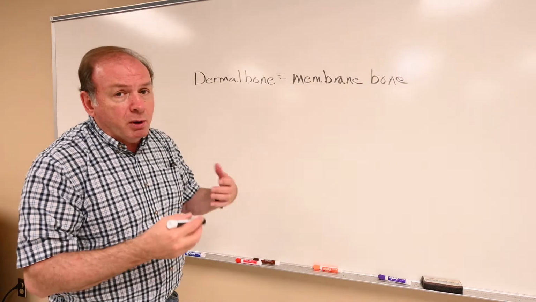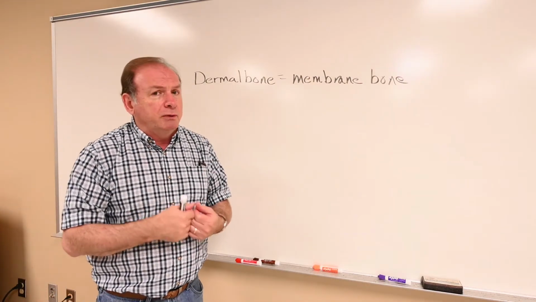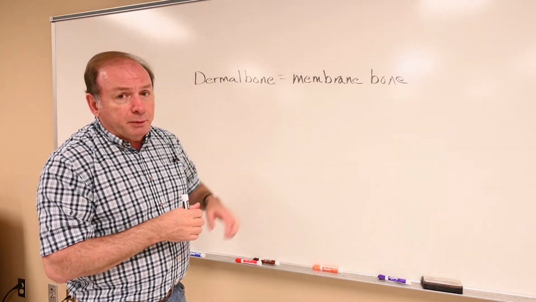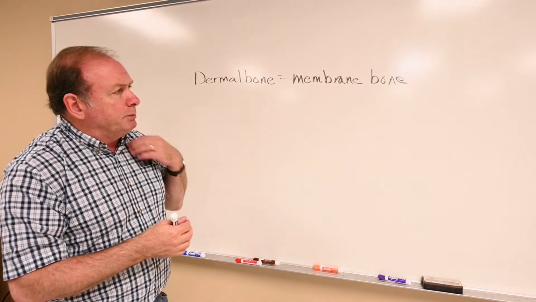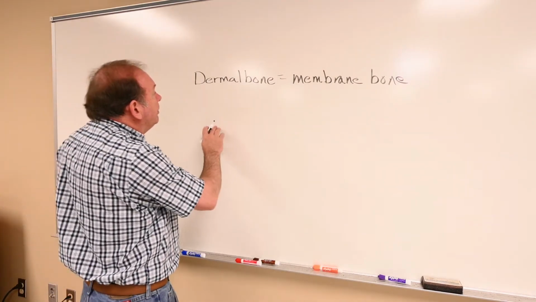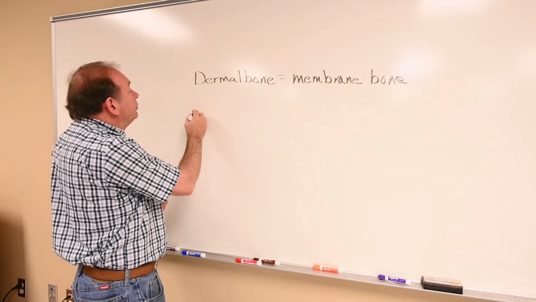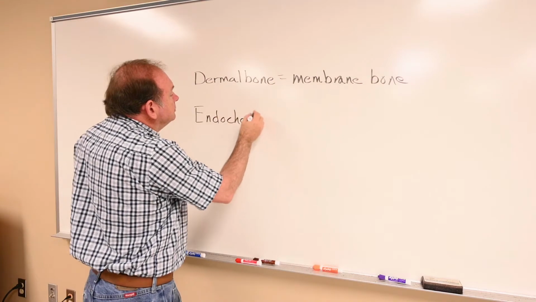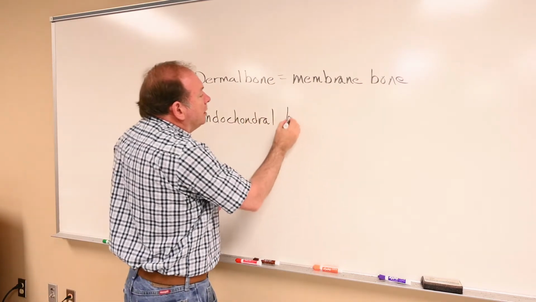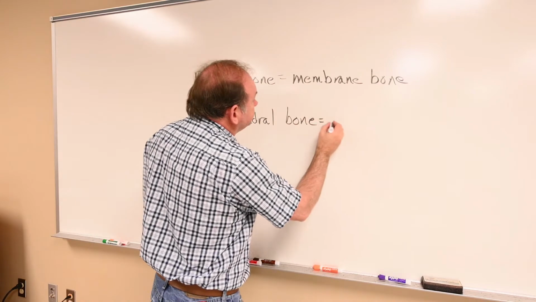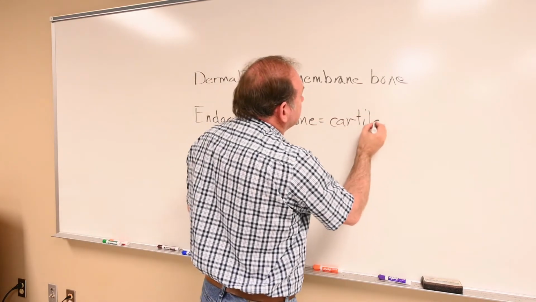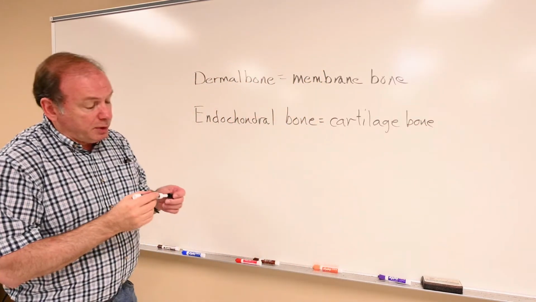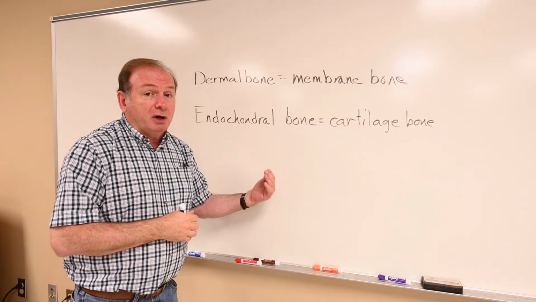The other process of bone formation accounts for most of the other bones of our skeleton. Only a few bones in our skull are derived from this membrane bone formation, and possibly part of the clavicle. The other is what we call endochondral, sometimes referred to as cartilage bone, because the bone material replaces cartilage as it develops.